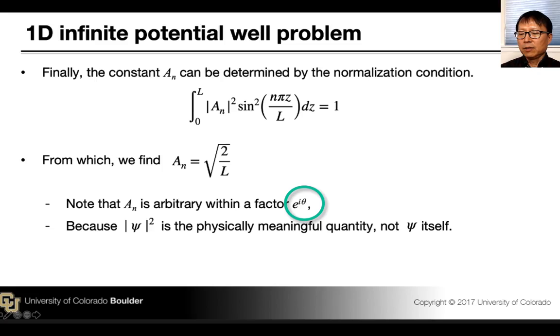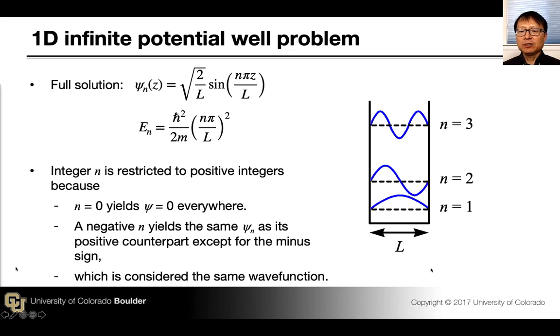So there is a certain inherent level of uncertainty with the phase factor. And so typically we choose a phase factor that is the simplest and most convenient for us. In our case, we simply choose the phase factor to be 1 so that the A sub n constant is a real number. So we can summarize the 1D potential well problem as shown here.